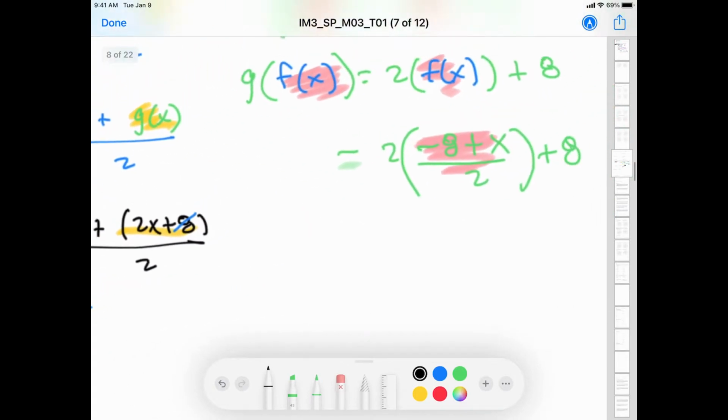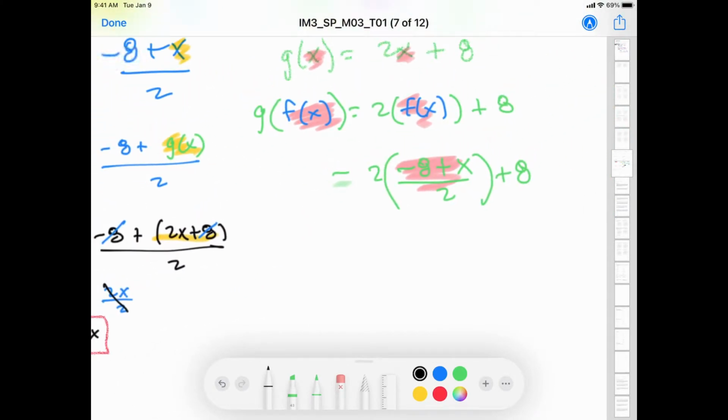All right, let's go ahead and simplify this. To make 2 a fraction, you can put it over 1. 2 divided by 2 is 1, so you're just left with the original now. Negative 8 plus x plus 8, and negative 8 and a positive 8 equal x.